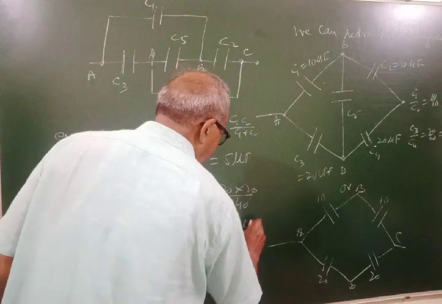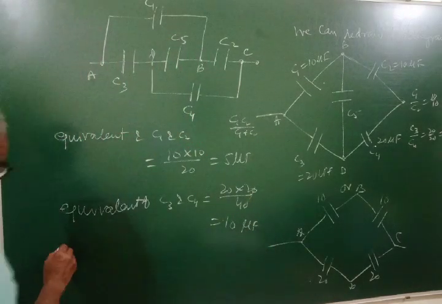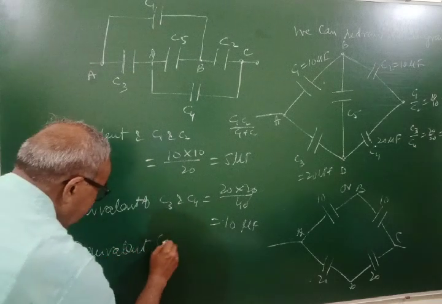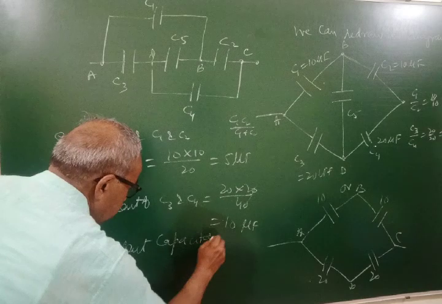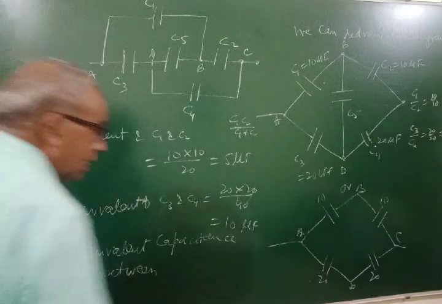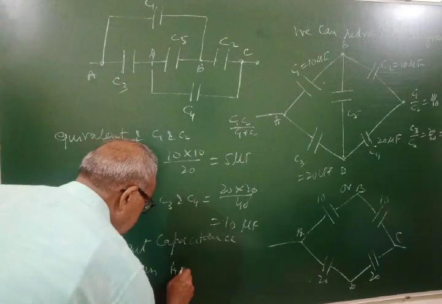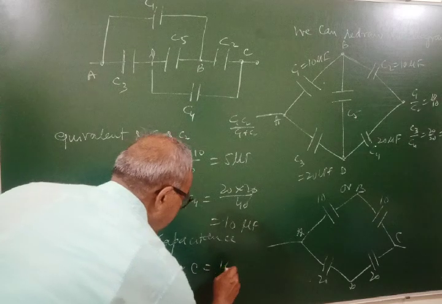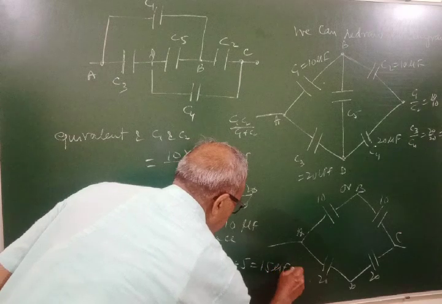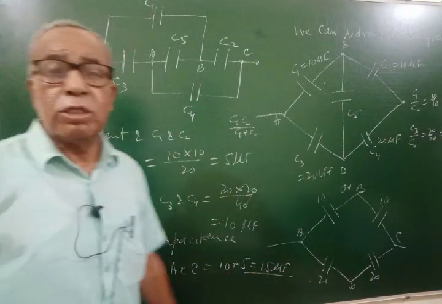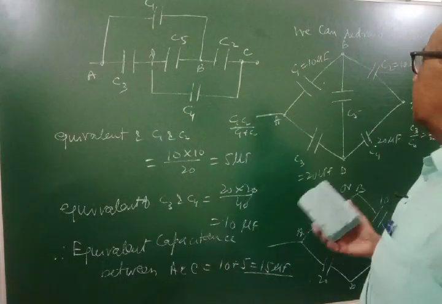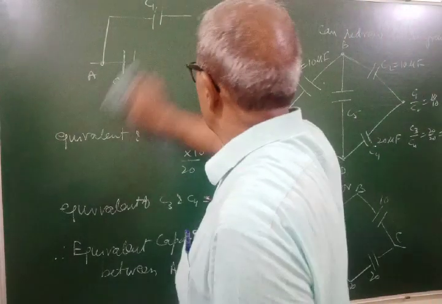Now 10 and 5 are in parallel, and hence the equivalent capacitance between A and C equals 10 plus 5, 15 microfarad. So these questions are important for you, dear students. There is no limit of questions here. Now I take another question.